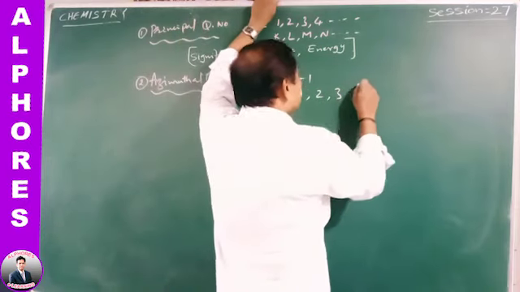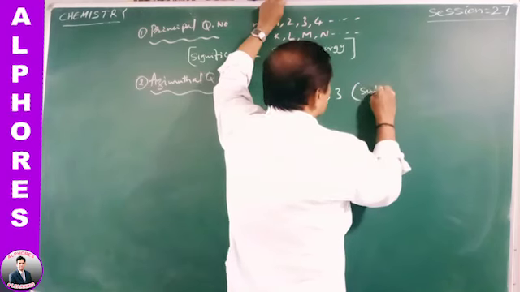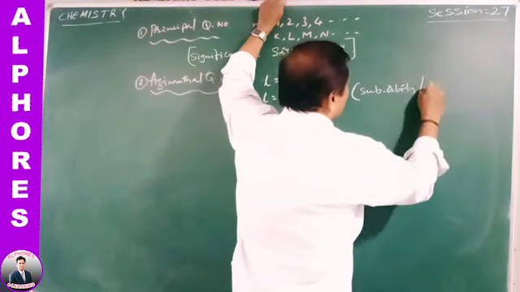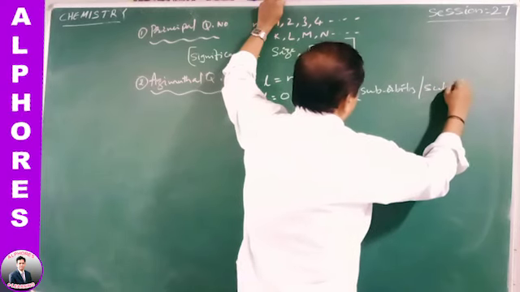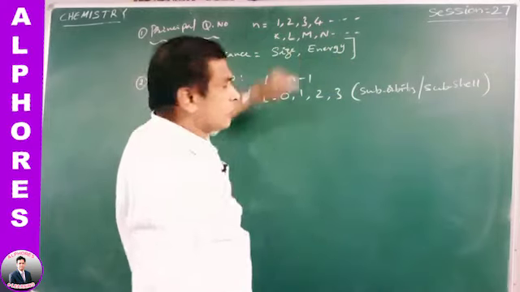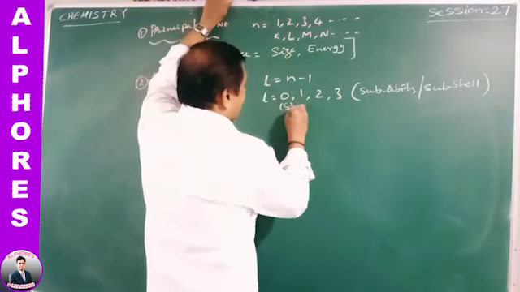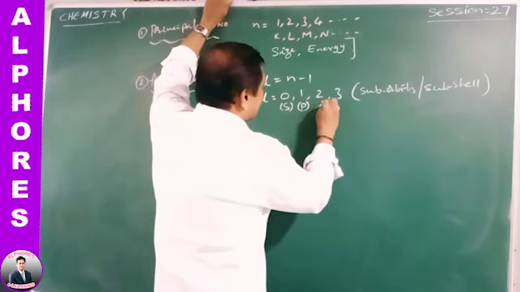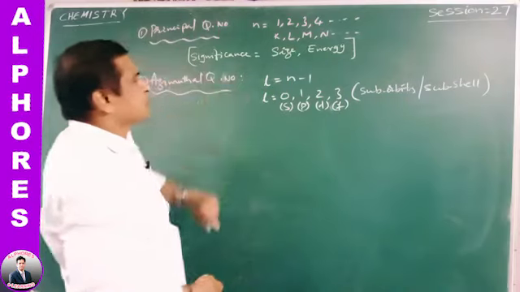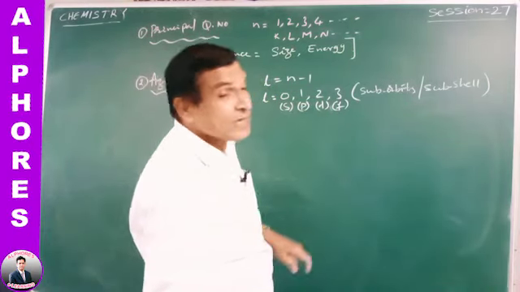What do these values represent? They represent suborbits or subshells, that is, sub-energy levels. That is the s, p, d, f subshells: 0 is the s subshell, 1 the p subshell, 2 the d subshell, 3 the f subshell.